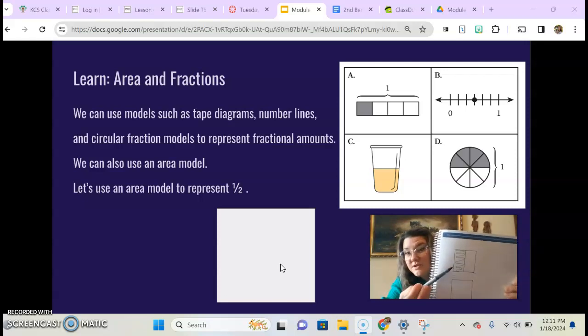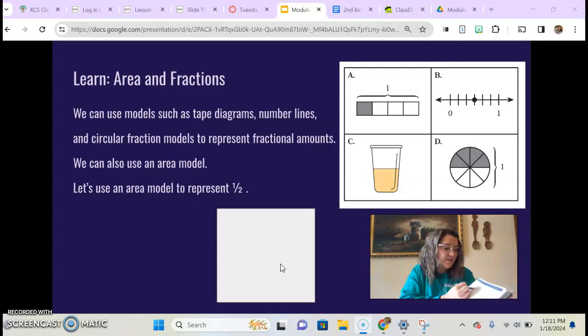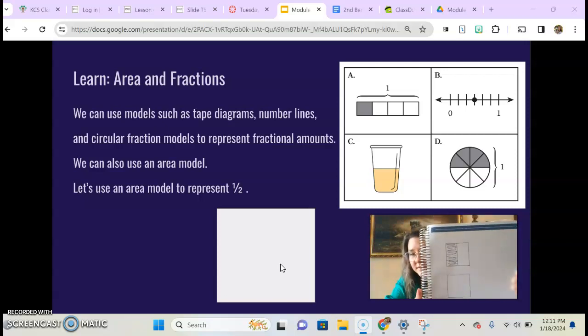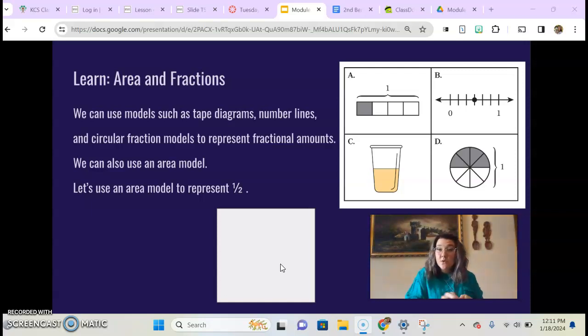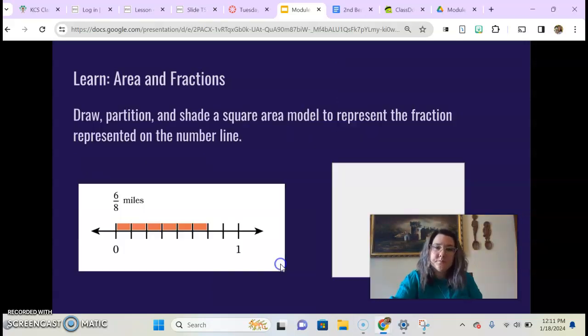Then I would shade 1/2. And I know I'm not shaded completely, but we know that fractions are perfect. We are not perfect. In fact, I've made lots of mistakes in this video already. But this was how we would use an area model to represent 1/2.